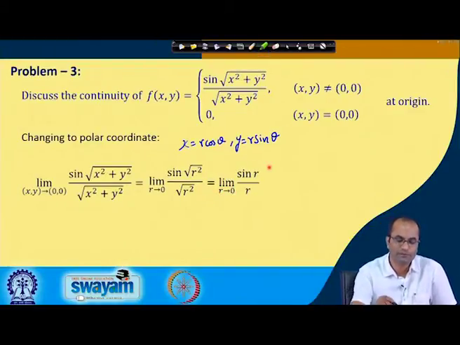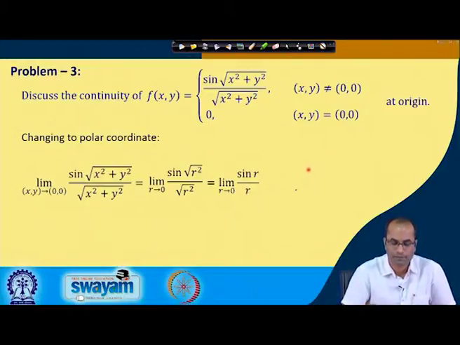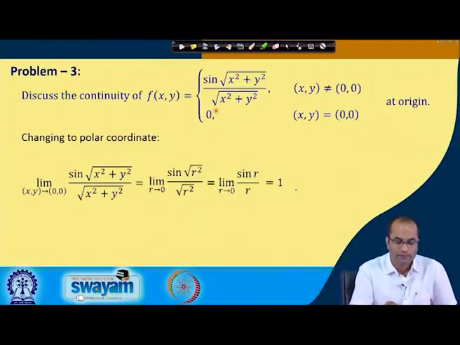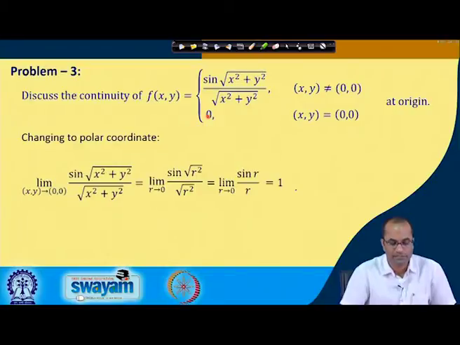We have only one variable now. Using, for example, L'Hopital's rule, the derivative of sin r is cos r, and the derivative of r is 1, and the limit as r goes to 0 will be 1. So, this limit is 1, and the function value defined at 0 is given as 0.